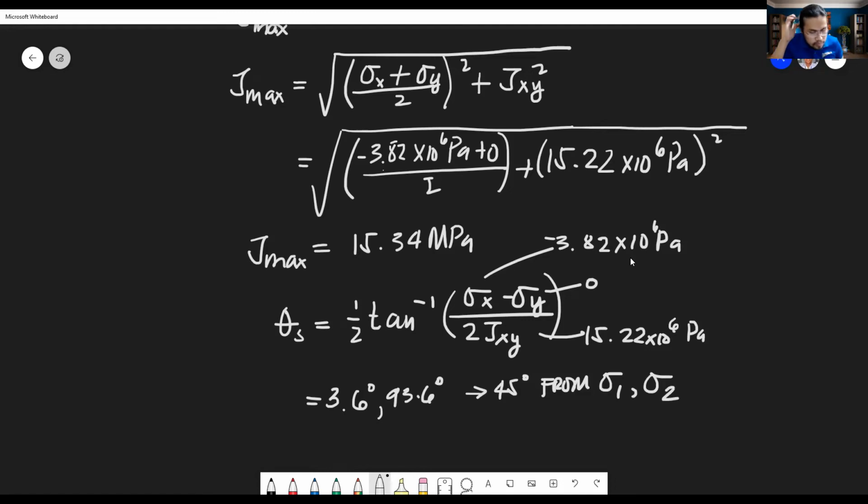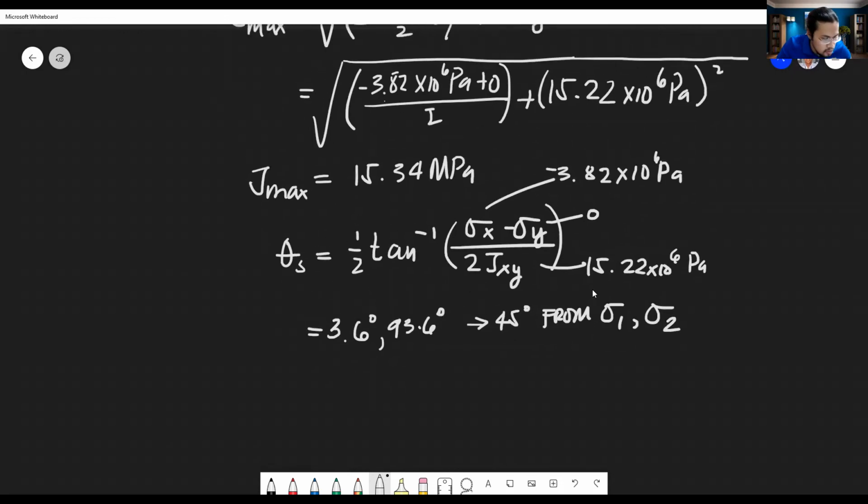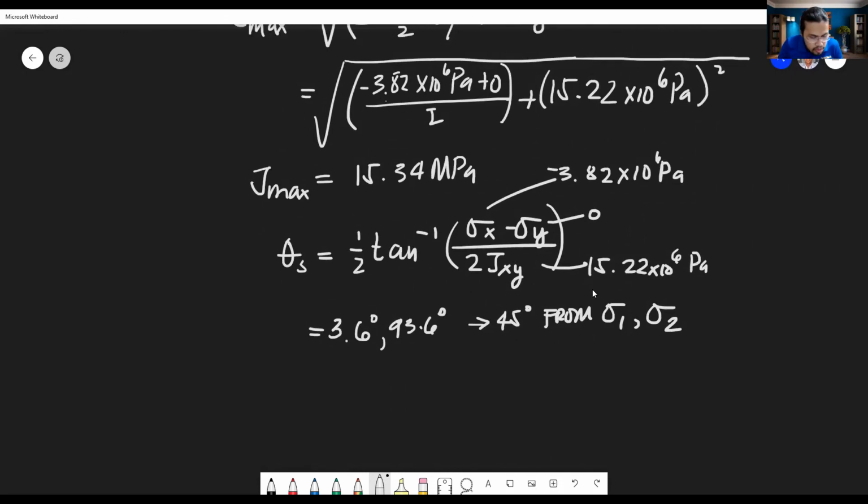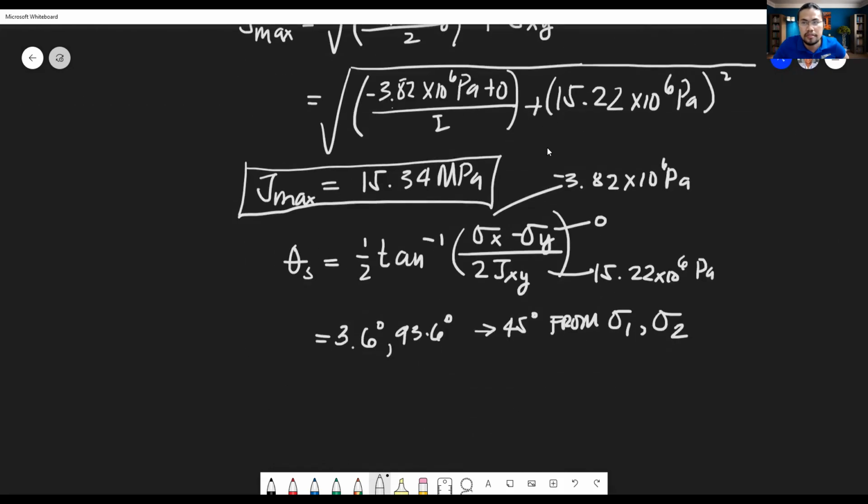So these are the values for your shear stresses and the principal stresses.